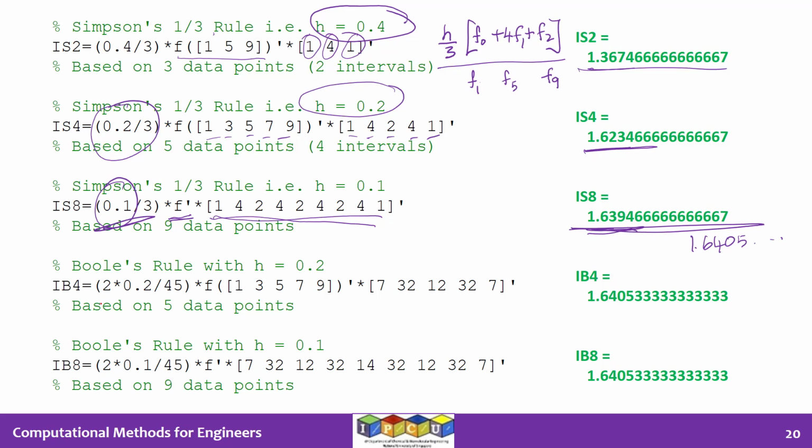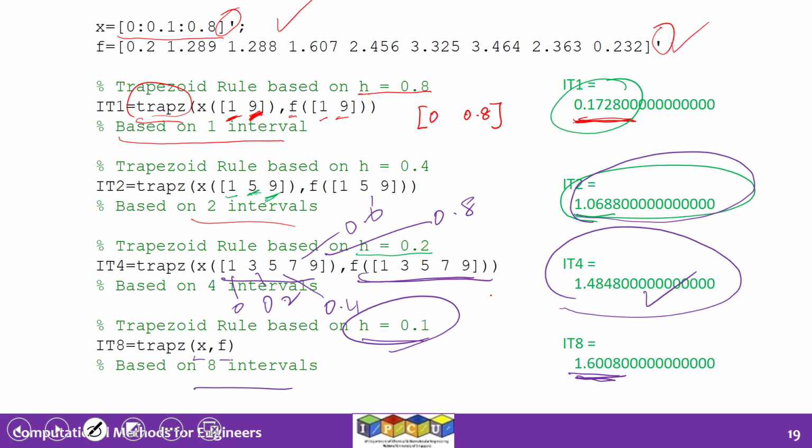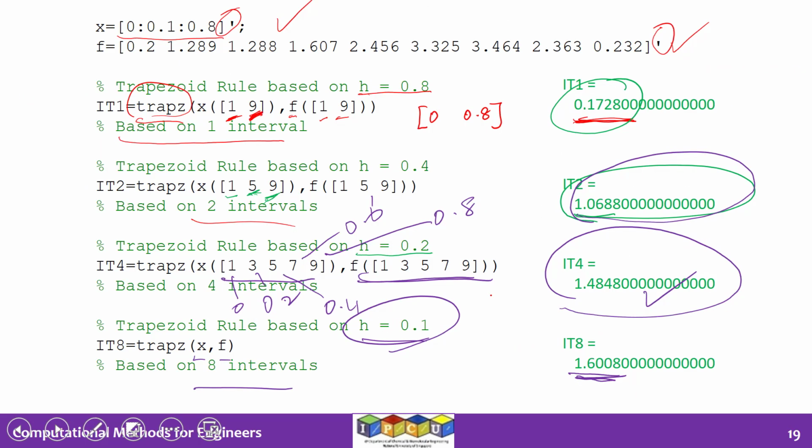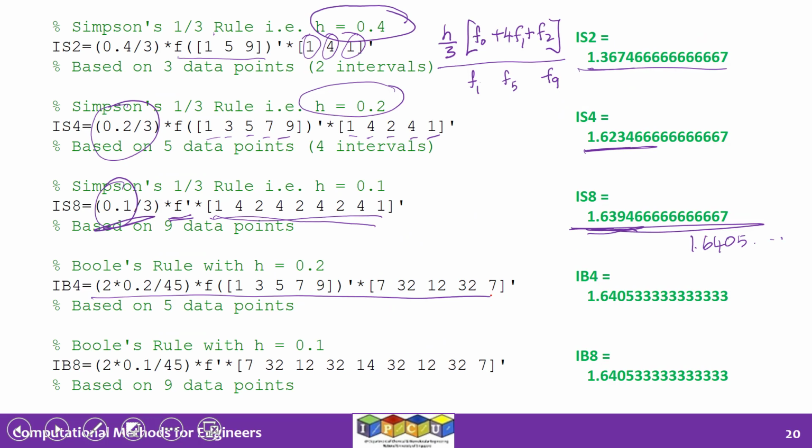Here is where I use Boole's rule, which I just shared with you here. So 2h by 45. Here I'm using h is equal to 0.2. So I'm going to use only 5 data points, not all of them: 1, 3, 5, 7, 9. x is equal to 0, x is equal to 0.2, x is equal to 0.4, x is equal to 0.6, and x is equal to 0.8.